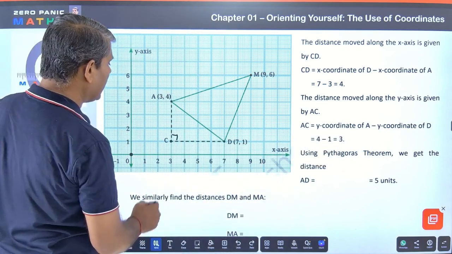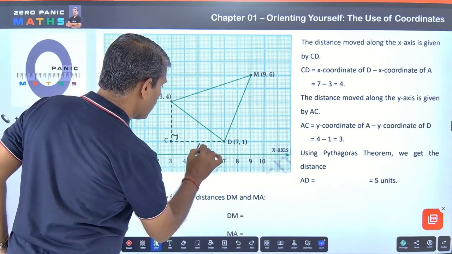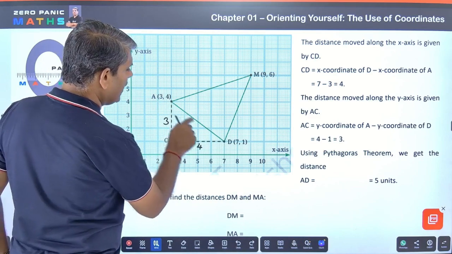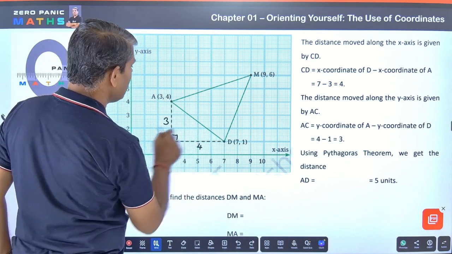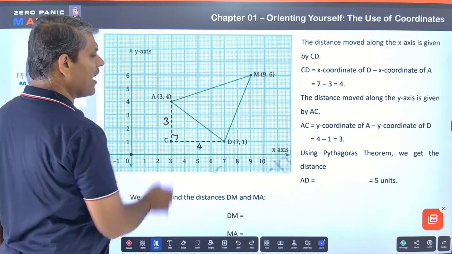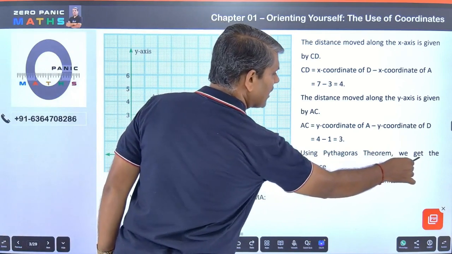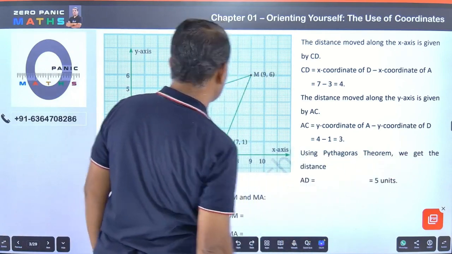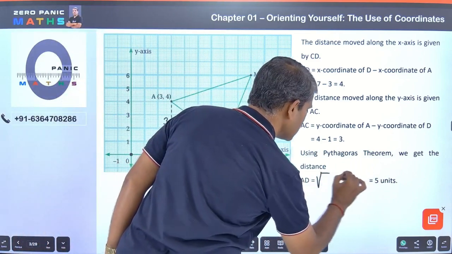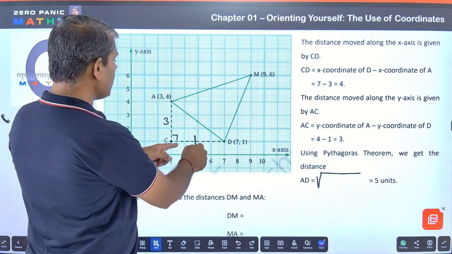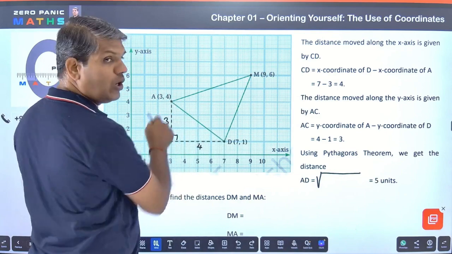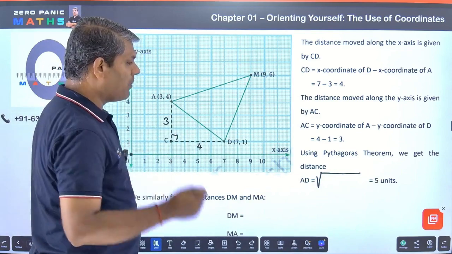Now that I have the value 4 for this and 3 for this, can I find the length of AD? Exactly, by applying the Pythagoras theorem we can get the distance AD. How do you find the distance AD? It is the square root of 4 square plus 3 square, that is AC square plus CD square is equal to AD square, according to the Pythagoras theorem.